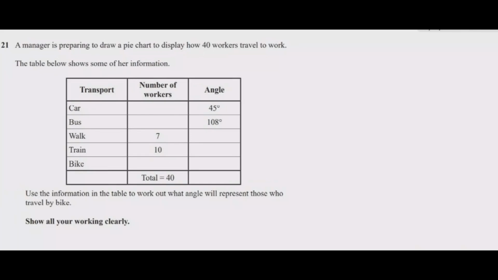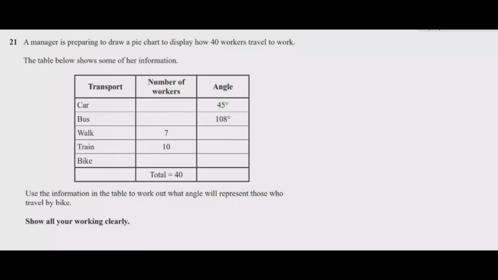It could have been easier if the number of those who come by bike was given, but it's not given here, it's blank. So what are we going to do? Okay, first let's find the number of people who come by car and by bus.